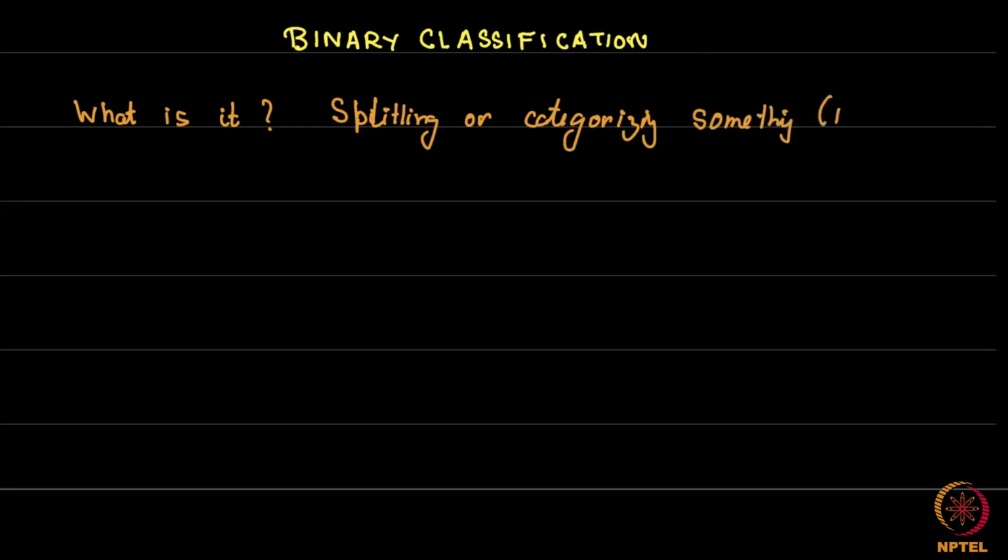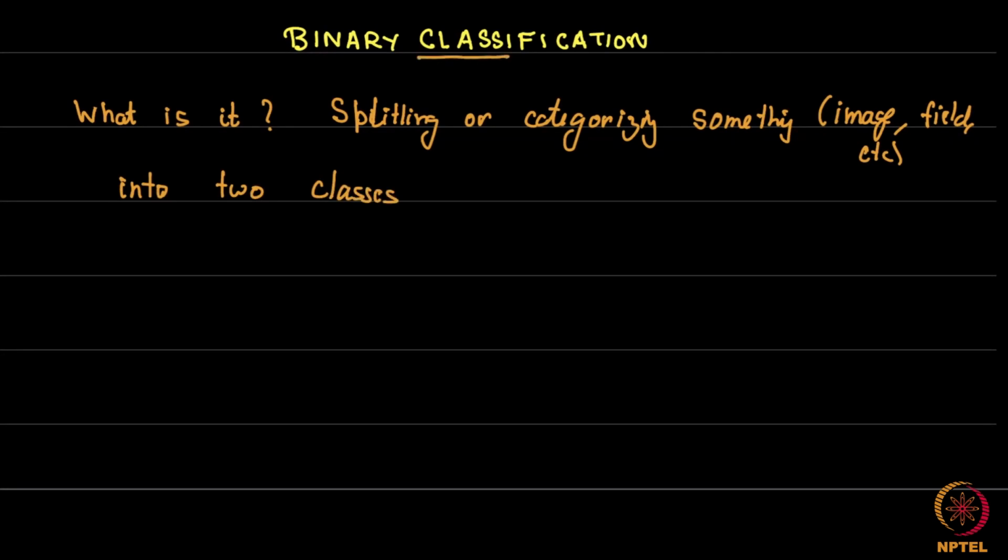It could be an image, it could be a field, into two possibilities, or into two, what we call classes, which is why it's called classification.